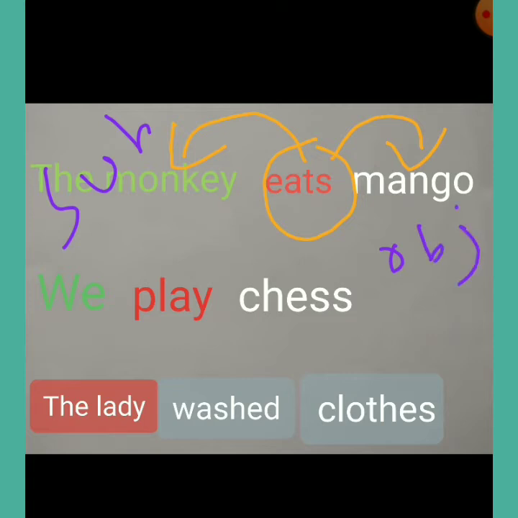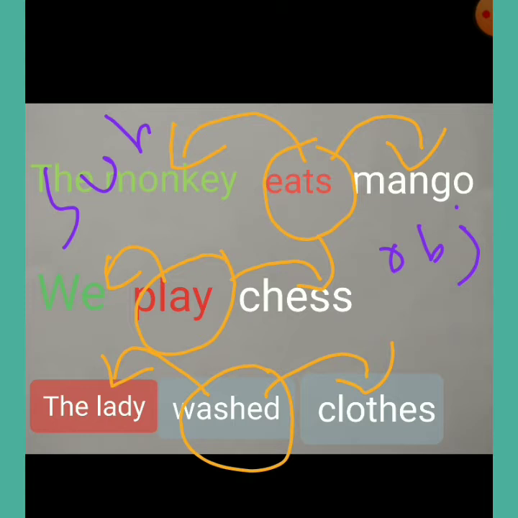And in the second sentence, play is the verb, and we is the subject or the doer, and chess is the receiver or the object. And the next sentence, washed, the lady is the doer, that means the subject, and the clothes is the receiver, that means the object. So in this way you can analyze and you can find out. First of all, you have to find out the verb, then the subject means the doer, and the object the receiver of the action.